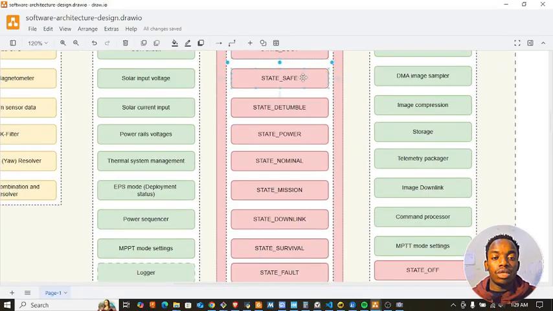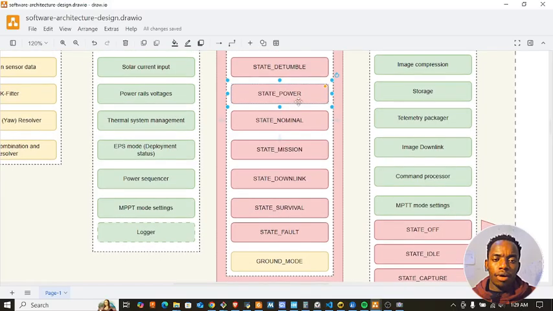Now, safe mode is basically the CubeSat is in some sort of a fault, and you're trying to fix it. Detumbling is you're trying to correct the attitude of the CubeSat.